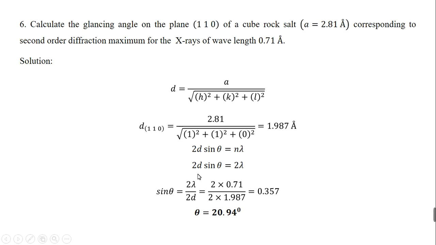Now use this formula to calculate the theta value: sin theta is equal to n lambda divided by 2d, substitute the ratio. So theta is equal to sin inverse of 0.357, which is nothing but 20.94 degrees. So this is the glancing angle for the second order diffraction.